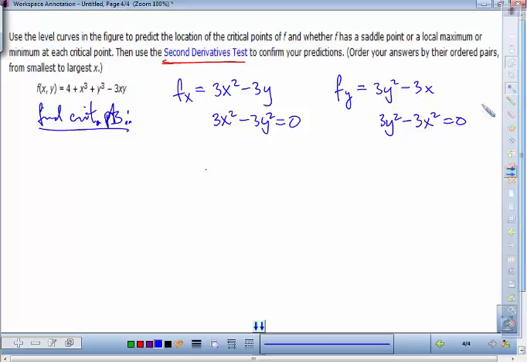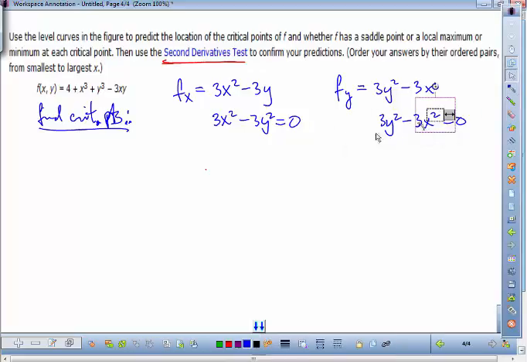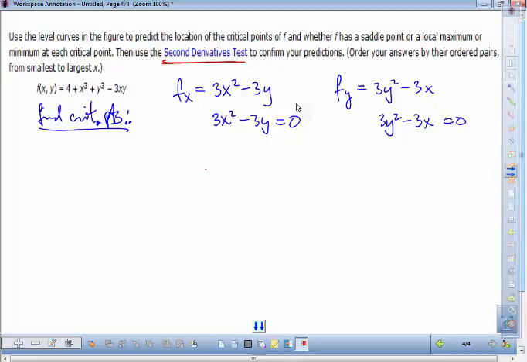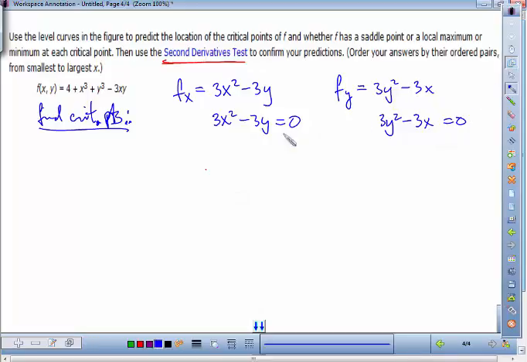So they're not linear, so we can't do anything like the addition rule. Oh, we can do substitution. So let's do some sort of substitution here to try to solve for this.